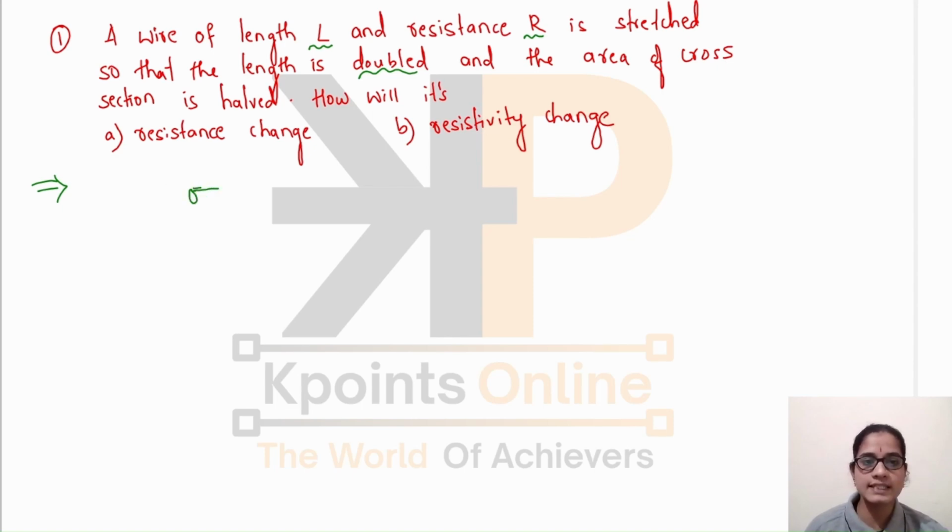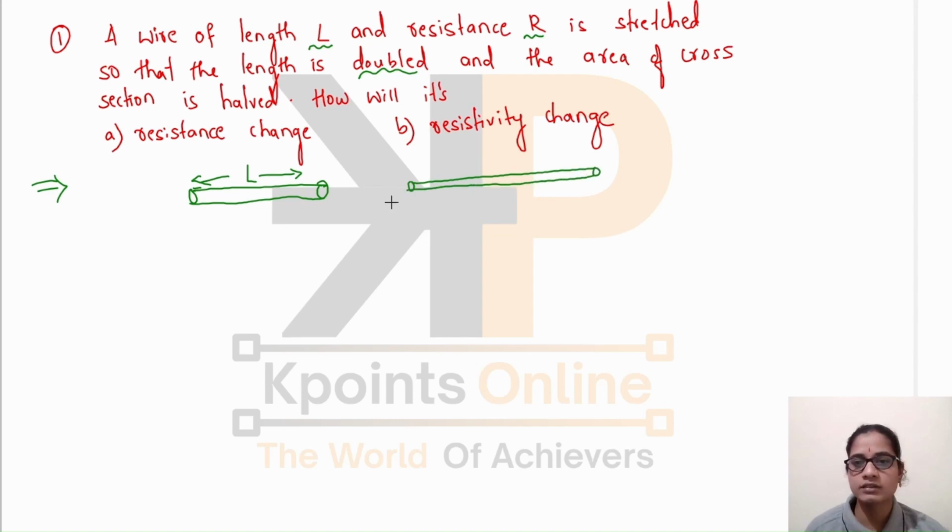Suppose this is a wire. It is having length L. Once it is stretched, what happens? Its area of cross section will be halved. Initially the area of cross section was A. Now it is stretched so that the area of cross section will be half of the initial value.